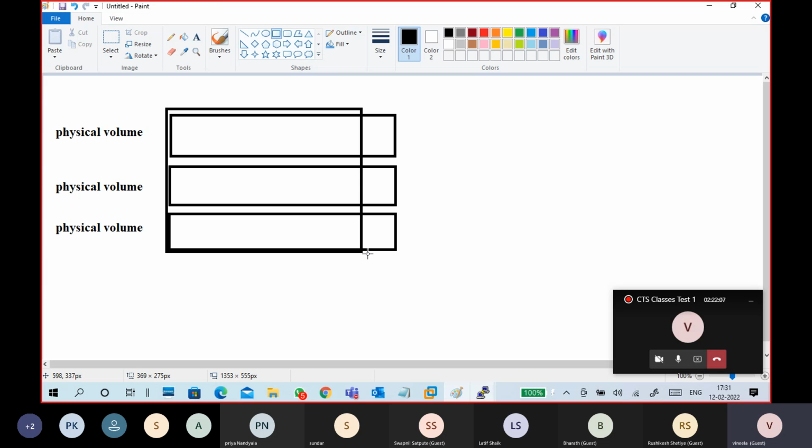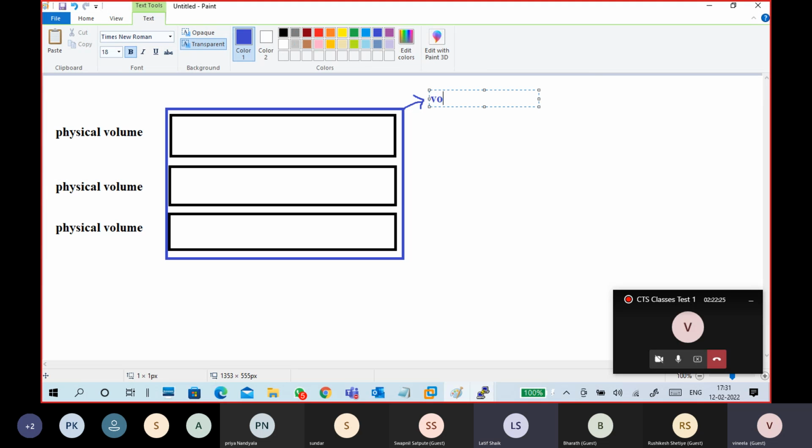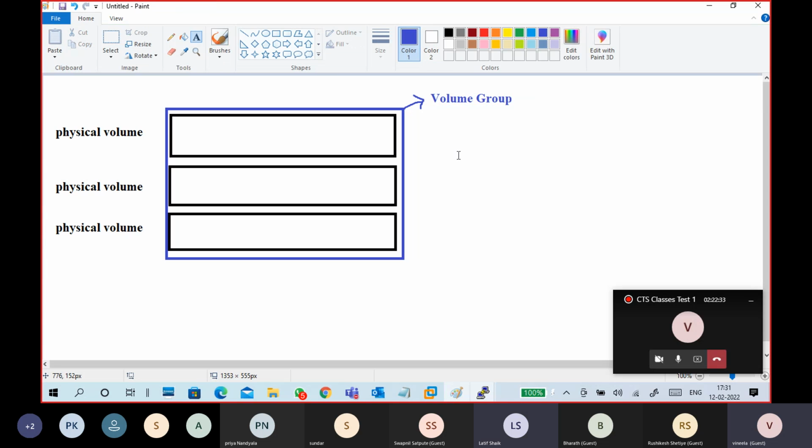Next, we can group these physical volumes together and create a volume group.